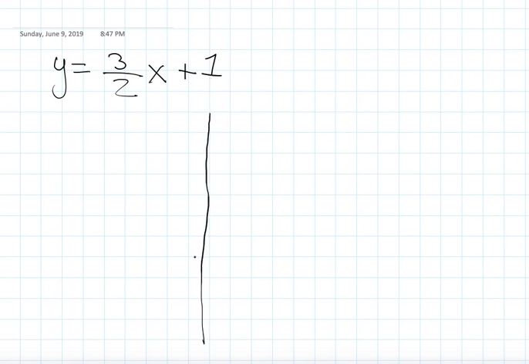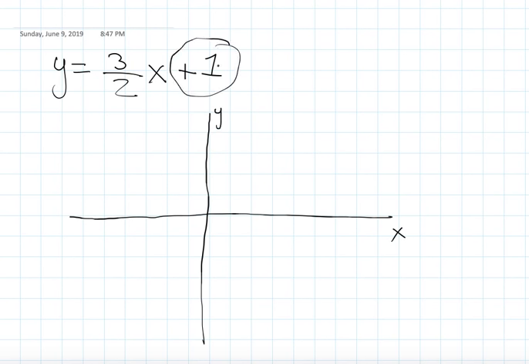Very simple. Let's do y equals 3 over 2 x plus 1. So again, we need to start by drawing our x and y axis. Then we locate the y-intercept point.